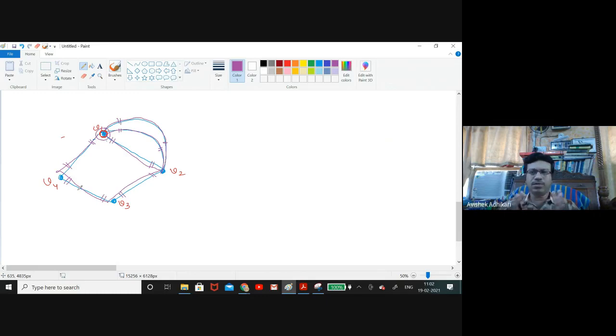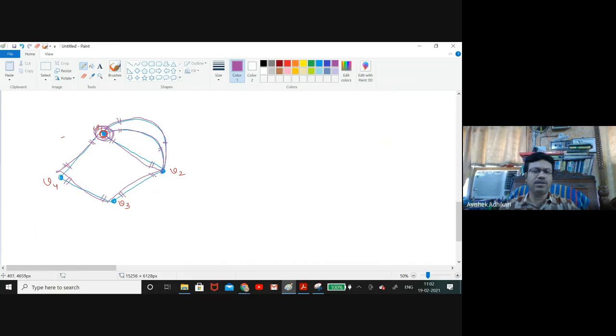We have already seen that. Now we are going to explore it in a different way, where the number of edges is not that important. Suppose we start from here and want to come back here. Previously our target was to explore all the edges exactly once, but here the target is only to explore the vertices exactly once.